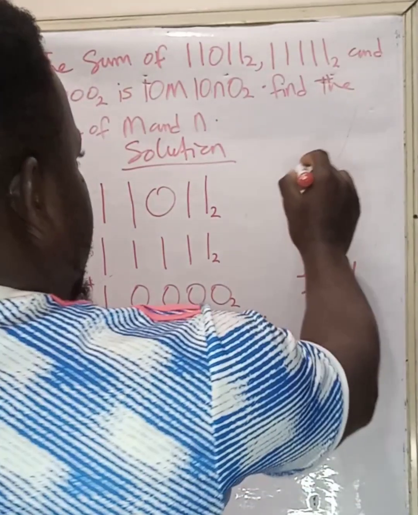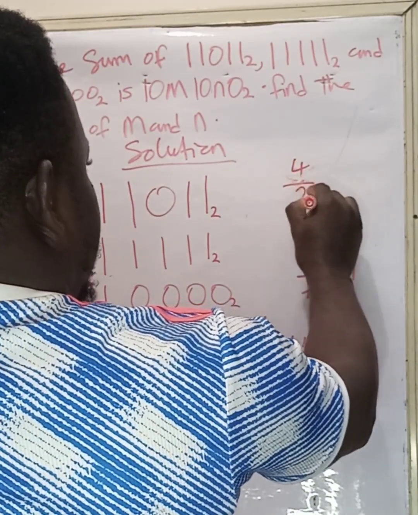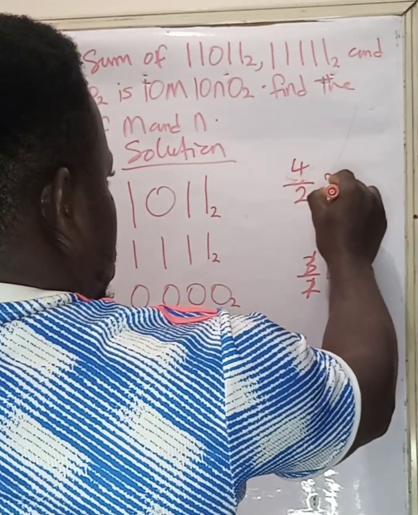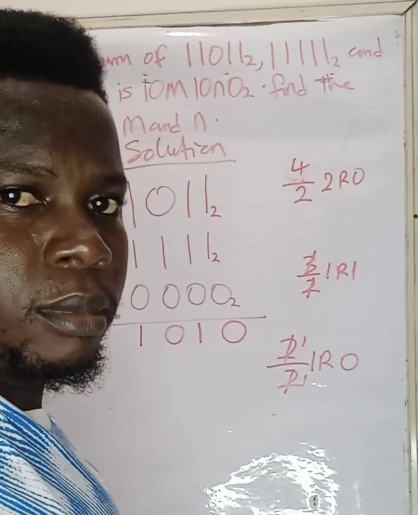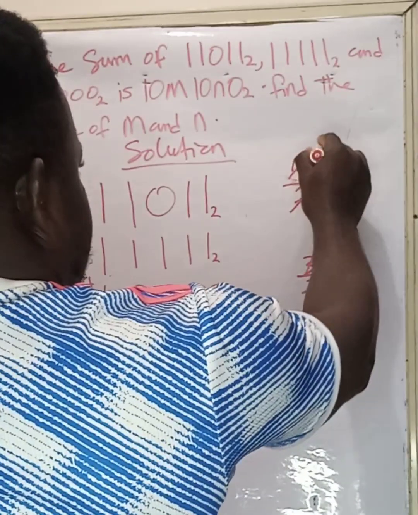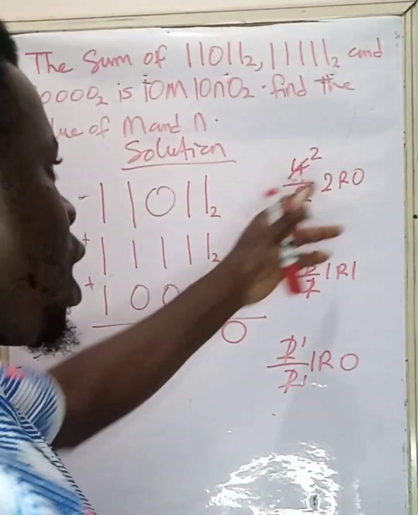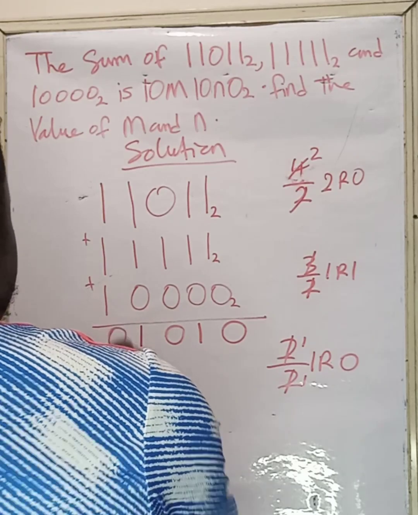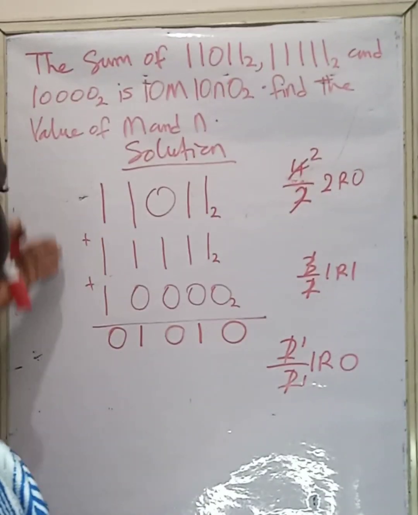So if we say 4 divided by 2, what are we going to have? We'll have 2, remainder 0. So we write down the remainder and carry the whole number, which is 2. And obviously, that's the last number to add there.